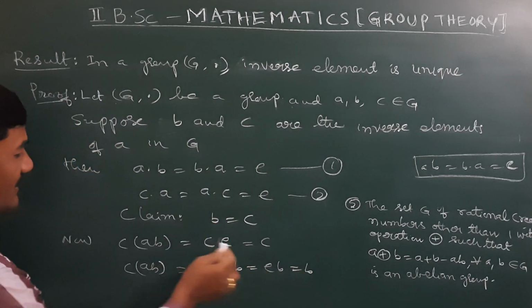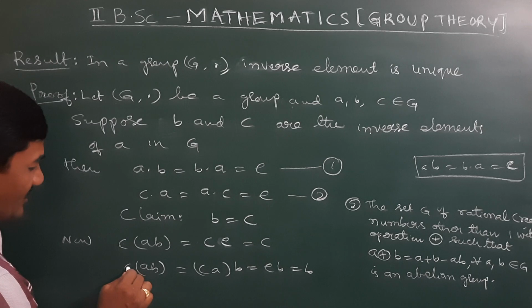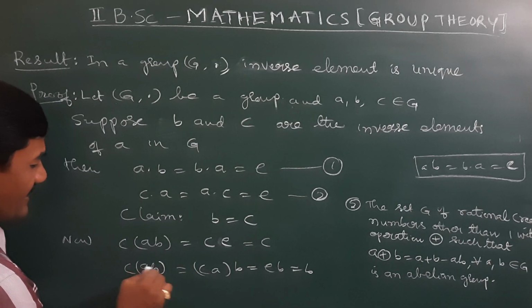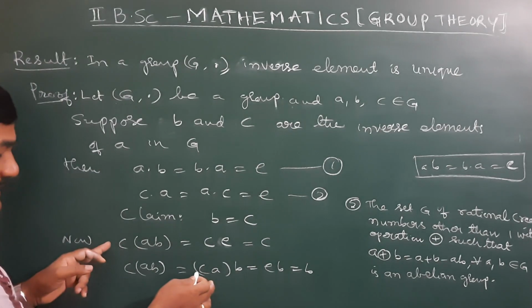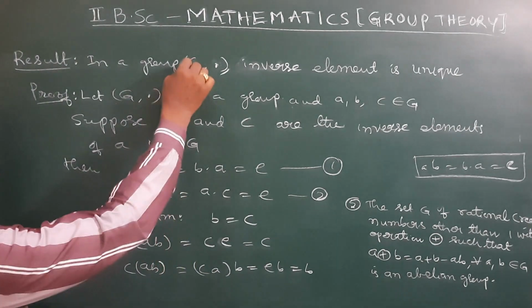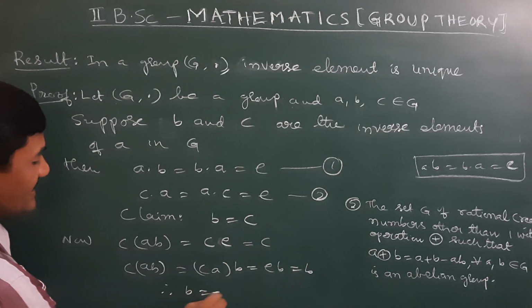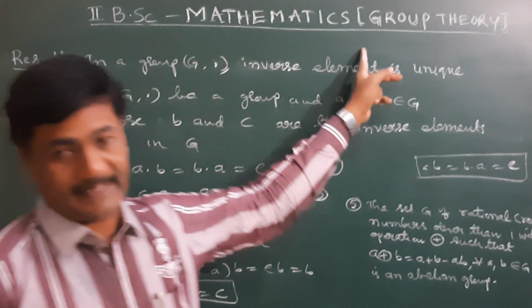So therefore C into AB, that is CAB, means C into (CA) into B. Both use the associative property, but G is a group, so the associative property always holds. Therefore B is equal to C only. That is, the inverse element is unique.